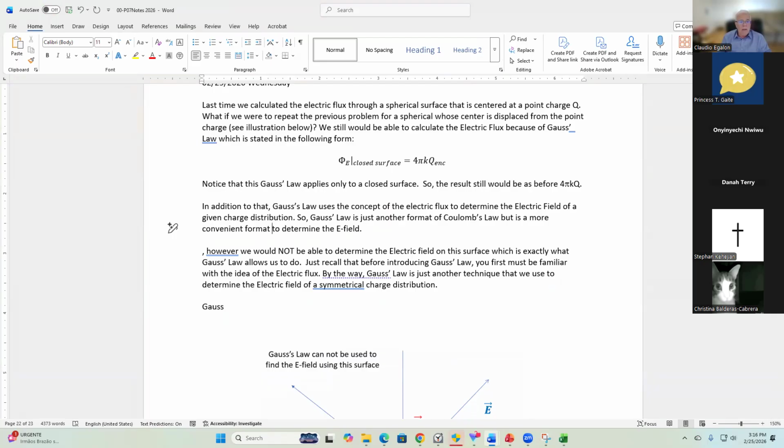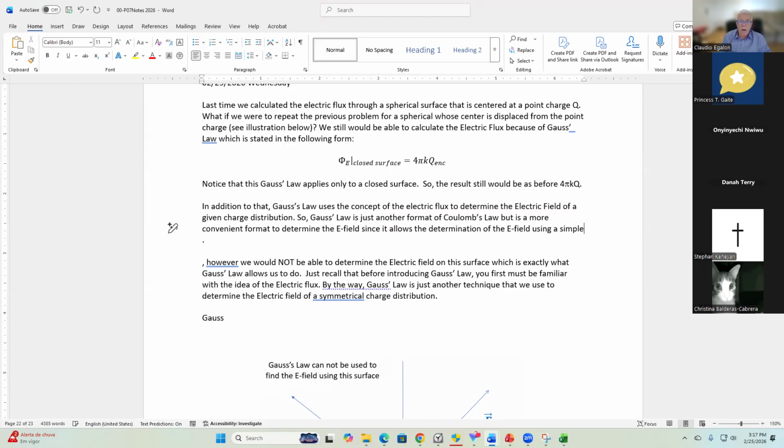It's easier, since it allows the determination of the E field in a simpler way, using a simpler mathematical technique. That is the plus of Gauss's law.